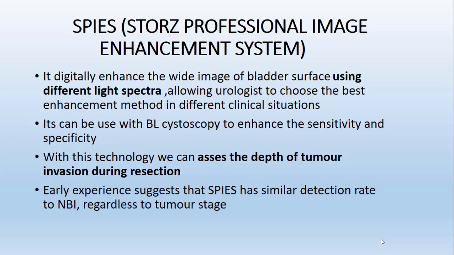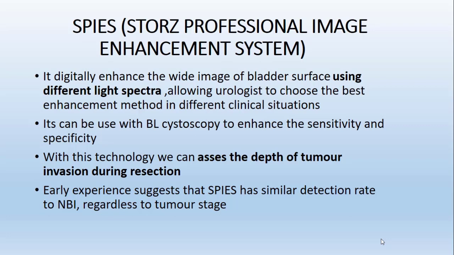The SPIES system is the Storz Professional Image Enhancement System. It digitally enhances the wide image of the bladder surface using different spectra of light, allowing the urologist to choose the best enhanced image in different clinical situations. The system is a complete system which uses different spectra of light for enhancement, so we can resect the bladder tumor properly.